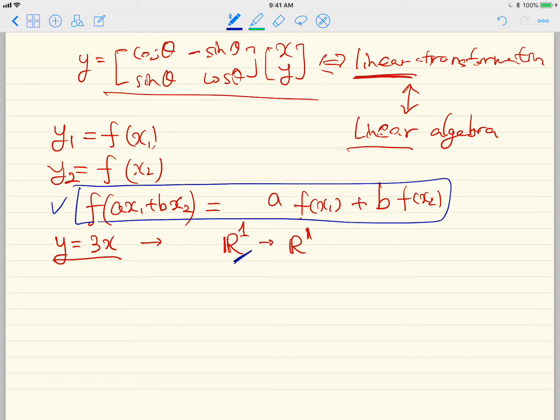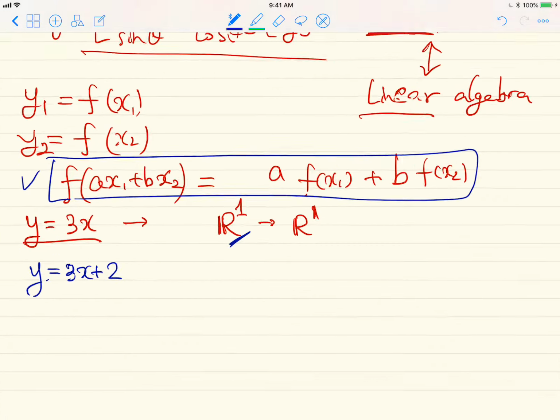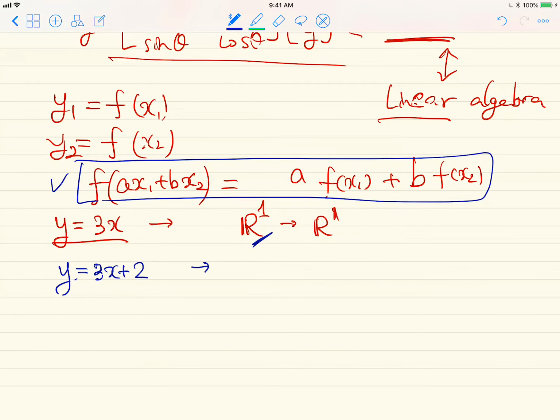I'm not gonna give an example about this, but we can actually see this is a linear function. But what about this? Is this linear or not? It is not, because let's just find a counterexample. Let's say x1 is 1 and x2 is 2, and then maybe a is 3 and b is 4.